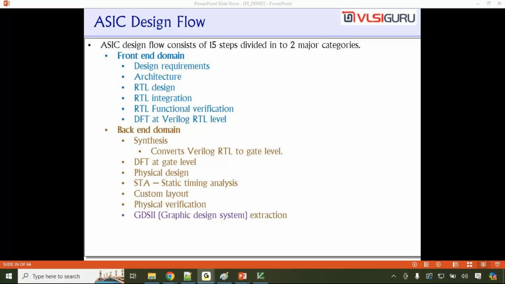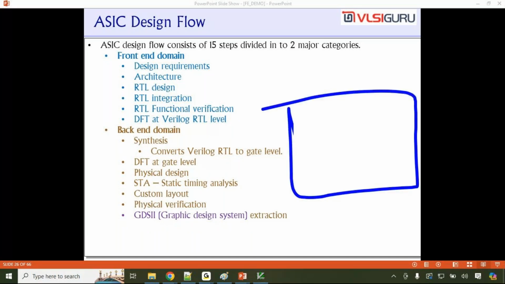Now, at a very top level, what is that graphic design system? It is very simple. You have got a silicon wafer like this. That graphic design system will tell where the doping should be done, where the metal should be deposited, where the oxidation should be done, where the etching should be done, how much doping to do. You may say it's very simple, right? Where does the complexity come in?